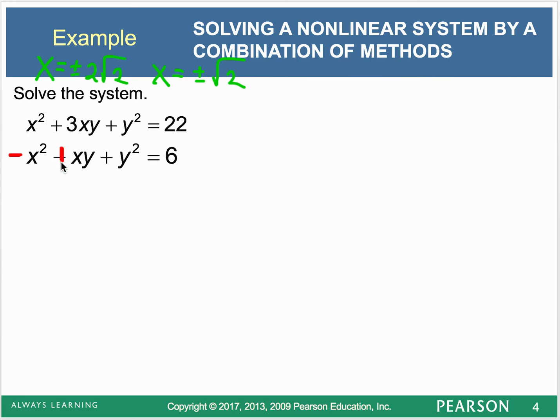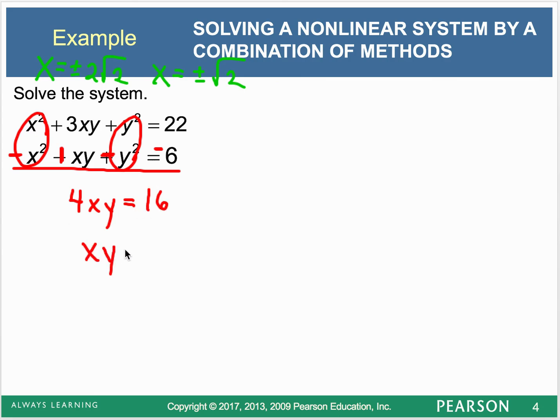right? I multiplied all these by negative so that these were eliminated. And we had 3xy plus xy, so we had 4xy equals 22 minus 6 is 16. So xy equals 4. Here's another equation with still an x and a y, right?